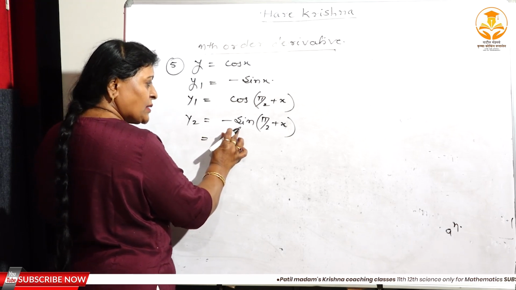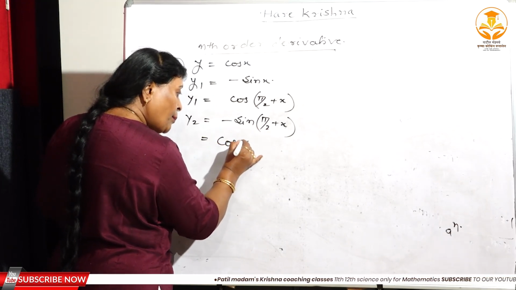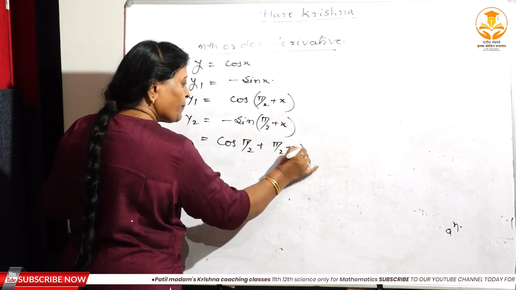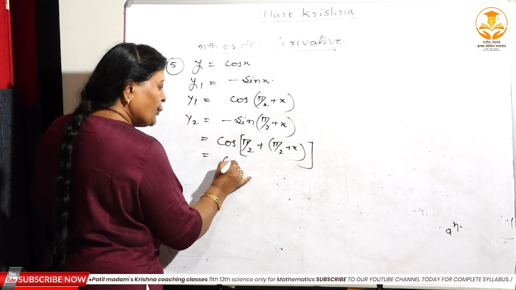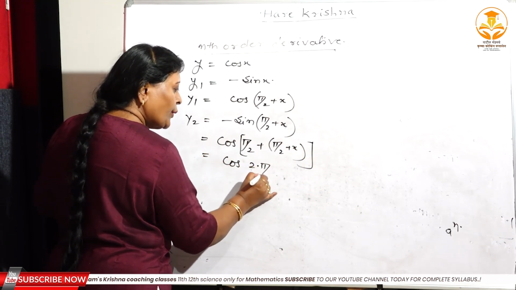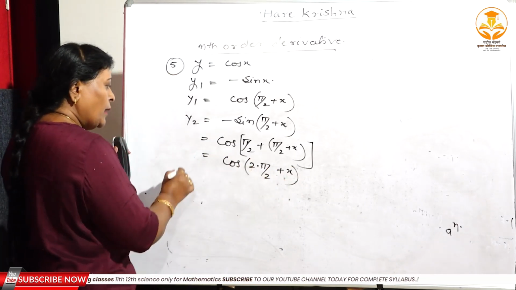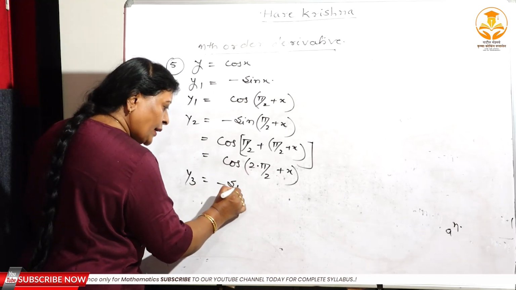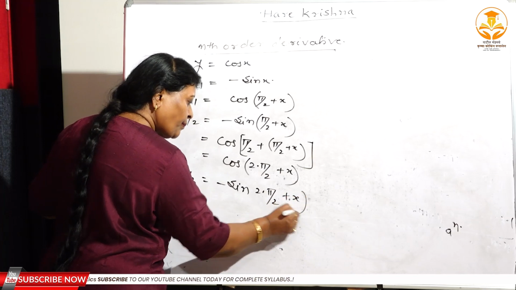Again, this minus sin of pi by 2 plus x you can write as cos of pi by 2 plus this theta, which means pi by 2 plus x, isn't it? And here pi by 2 plus pi by 2 you can write as 2 pi by 2 plus x. Don't rush to get it cancelled, isn't it? Again y3: derivative of cos u is minus sin u, means minus sin of 2 pi by 2 plus x, isn't it?